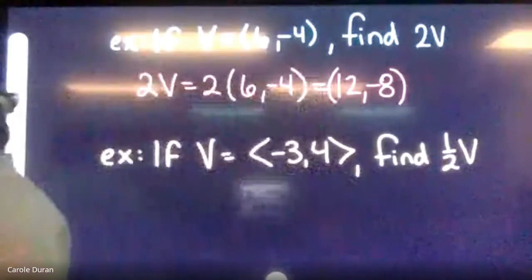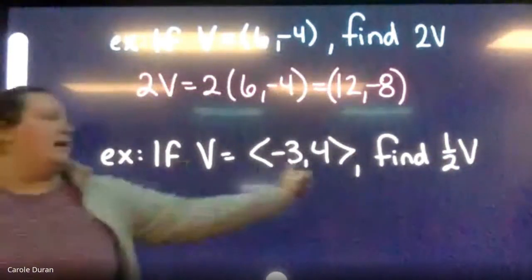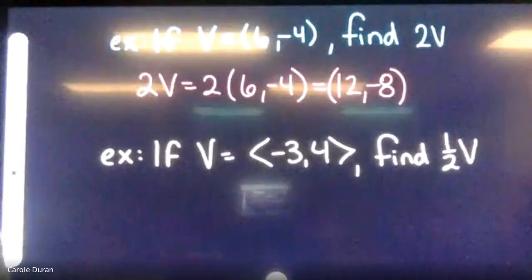When we're given a vector, we are sometimes given that vector in these triangular brackets instead of parentheses. It still means the same thing. It still indicates that what is inside is a vector coordinate. It doesn't change anything. So if I'm trying to find 1/2 of v, you would put it over 2, and by that you mean each of the coordinates of my vector, correct?